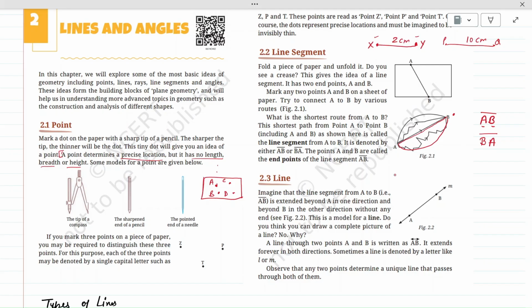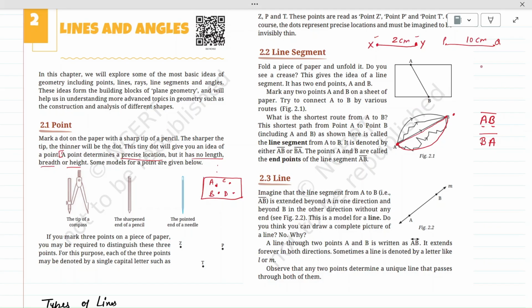For this AB, the line is starting at point A and going to point B. So this is a line segment, and the property of the line segment is that it has a definite length. It has definite starting and end points, and we can write it both ways, AB or BA, and above that we have to write a line.